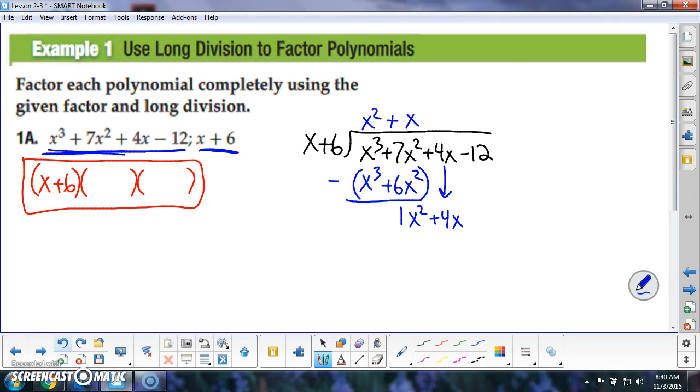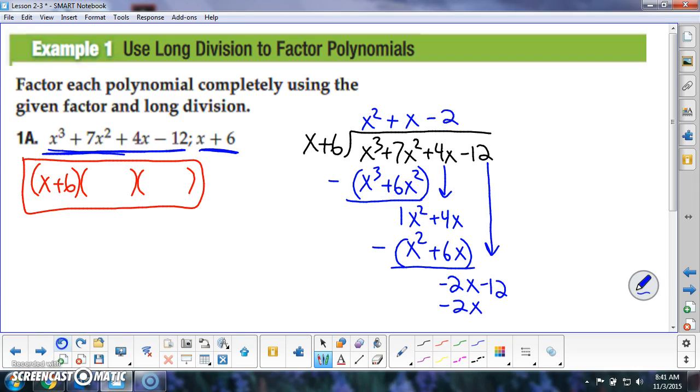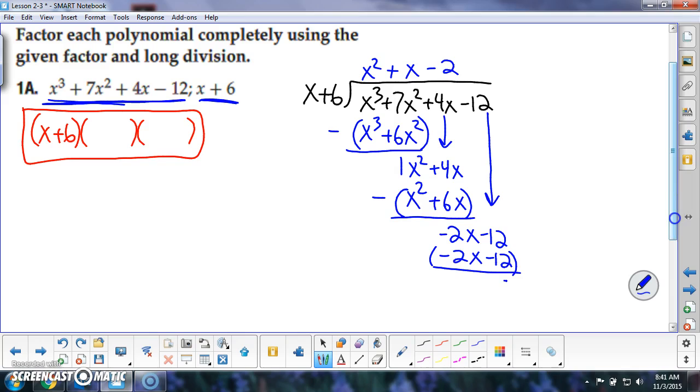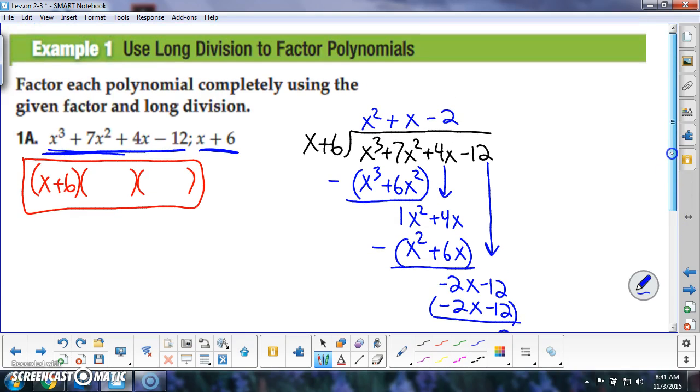Next term for my quotient is going to be an x. We're going to get x squared plus 6x. When you subtract, you're going to get a negative 2x. Bring down the next term. Do it one last time. Again, when you subtract, you should get a 0 at the end on these problems.